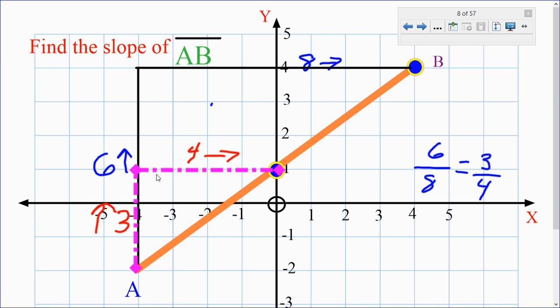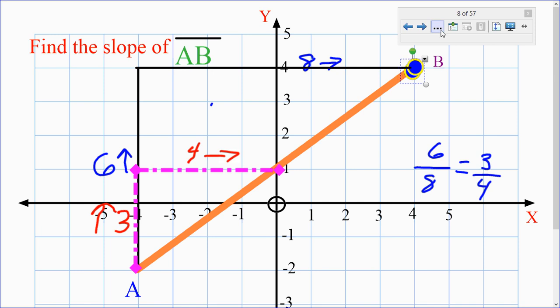But where is that getting us? So let's go back to our dot, because we're right here on this y-axis, and we're going to talk about that spot later on. I'm going to go up 3 more. 1, 2, 3. And over 4 more. 1, 2, 3, 4. And look, I'm right on the B spot.